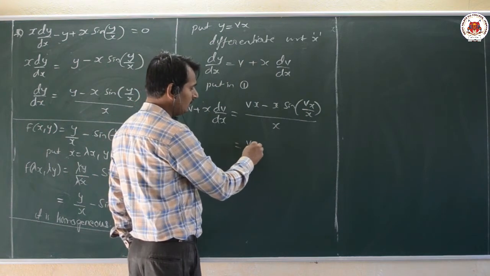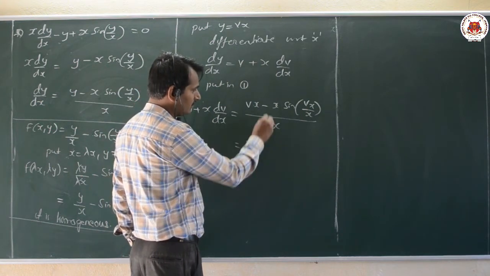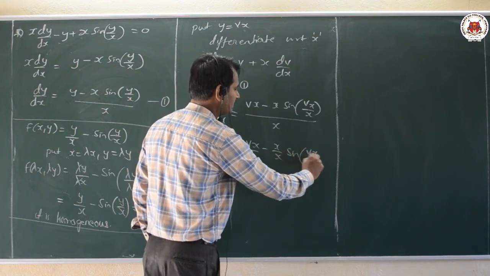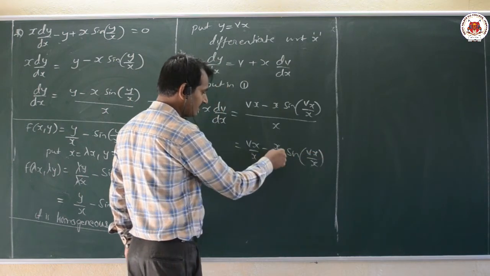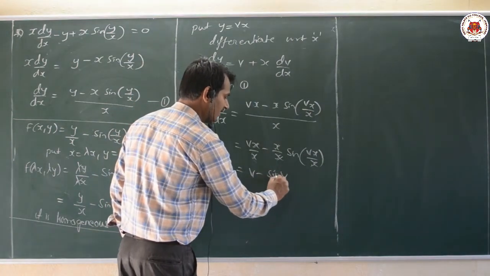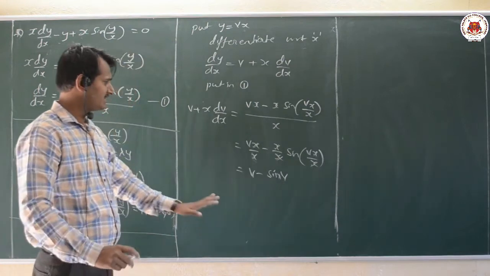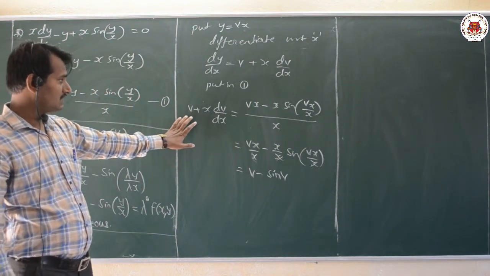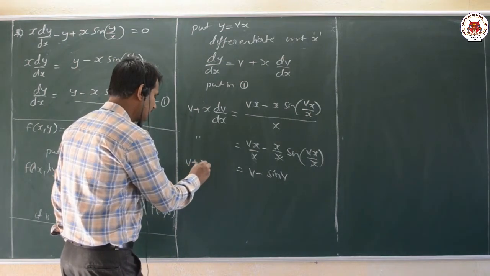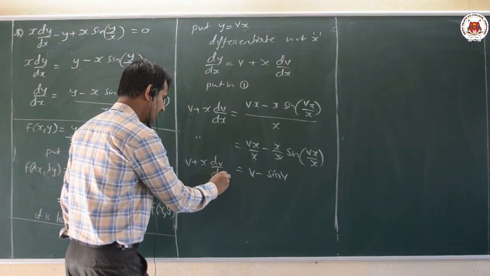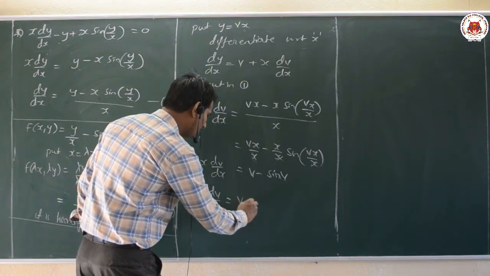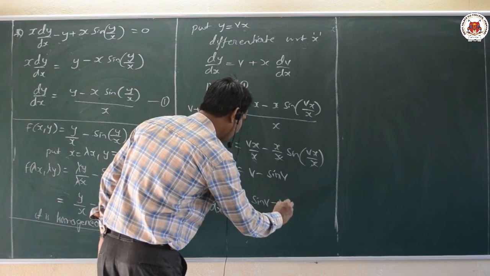Now this is equal to vx by x, dear students, minus x by x into sine of vx by x. Here x gets eliminated. The remaining part is v minus sine v. Very simple term is remaining now. Now similarly this v we can take to the RHS, that is x into dv by dx equal to v minus sine v minus v.